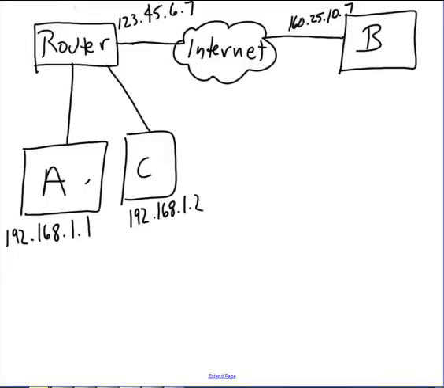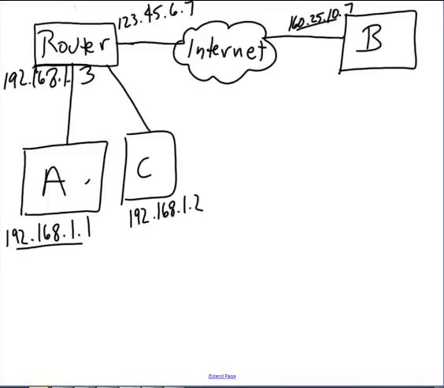Now, as I mentioned before, B, which has a globally routable address, cannot talk to A, which has a private address, and vice versa. Even though there is a path from one to another, they cannot talk simply because those addresses are not allowed to speak. What can happen, though, the router is part of this private network. So it's going to have a 192 address.